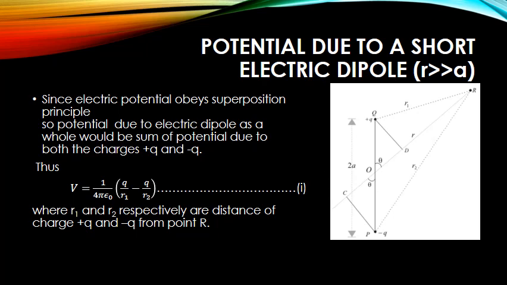Suppose the distances of point R from the positive and negative charges are r1 and r2. Taking point R as the center, we draw a circular arc of radius r1 intersecting the line OR at point D. Another arc has to be drawn with center at point R and radius r2 so that it intersects the line RO produced at point C. Since the distances are small and distance r is much greater as compared to a, the line QD, which is actually the arc, can be assumed to be perpendicular to OR.